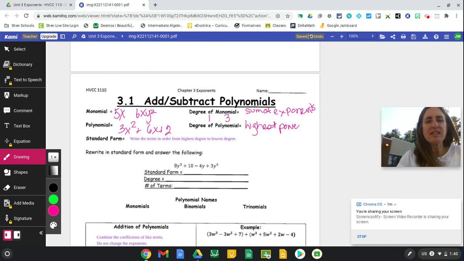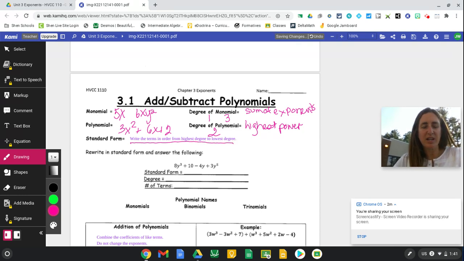So in this case, the highest power is the 2 because the x to the second is our highest power that's listed there. Now, we like to write our polynomials in standard form. And standard form is when you write the terms in order from highest degree to lowest degree.